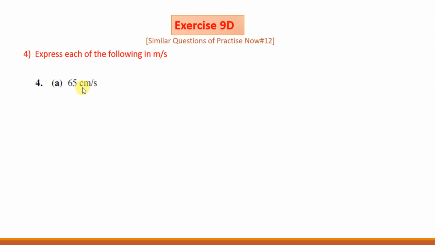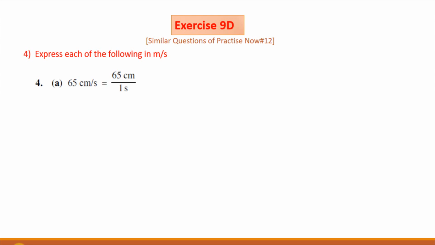So we will change the centimeters into meters, and as the value is already in second, we are not going to change this one, but yes, we will change the centimeters into meters. First of all, we will write the 65 centimeter per second in fraction like this.